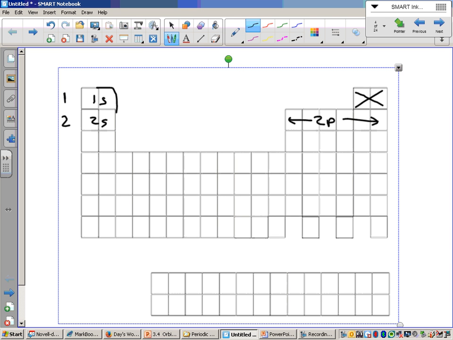As I move back to here, I'm now in the third energy level. This is the 3s orbital being filled.